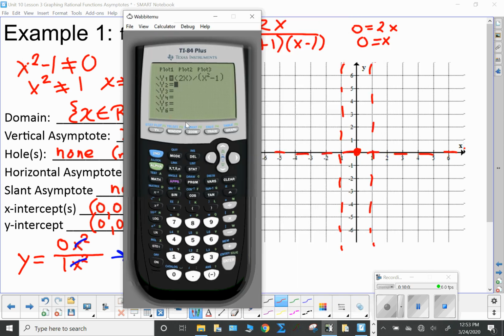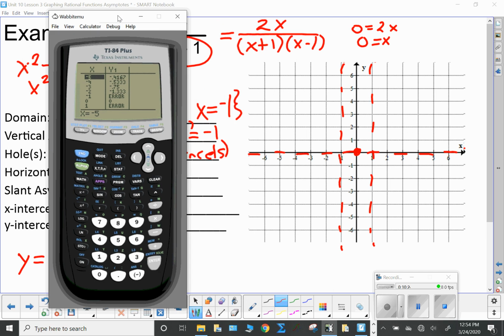Okay, so if I go to my table of values, notice at 1 and at -1, I have errors. And why? Because those are my vertical asymptotes. At 0, it's at 0. That's where I put my y-intercept. Now, what I want to find out is whether my graph is in this upper half or in this lower half.